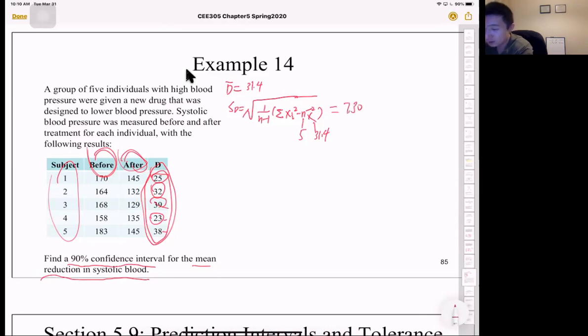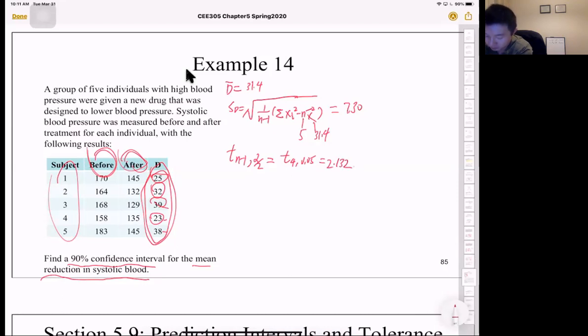So the t value, t with n minus 1 degrees of freedom at half alpha, is t4, because n is equal to 5, so the degree of freedom is 4. For a 90% confidence interval, half alpha is 0.05. From table 3, the t value is 2.132.